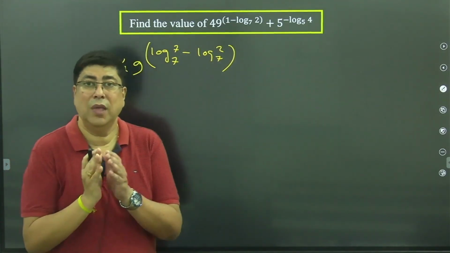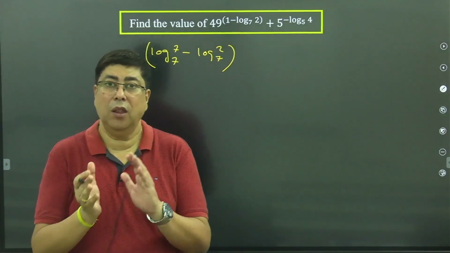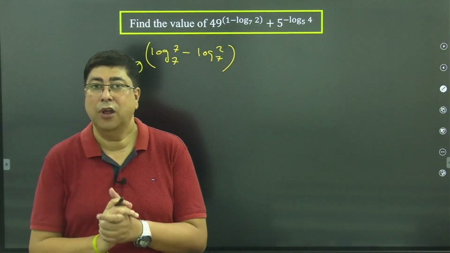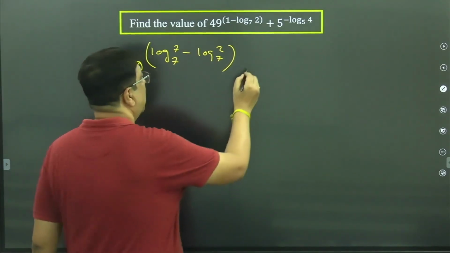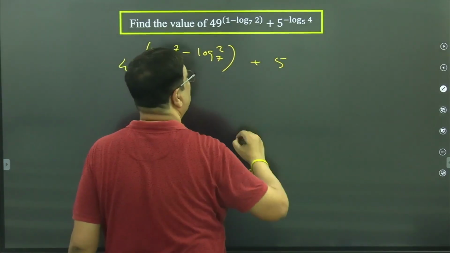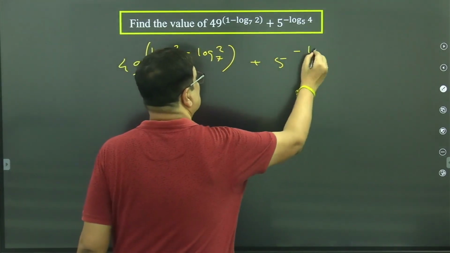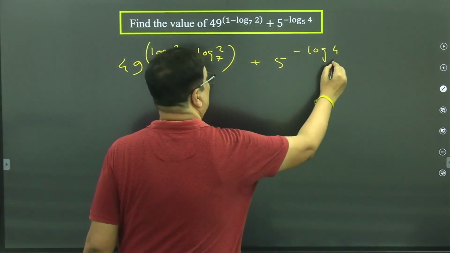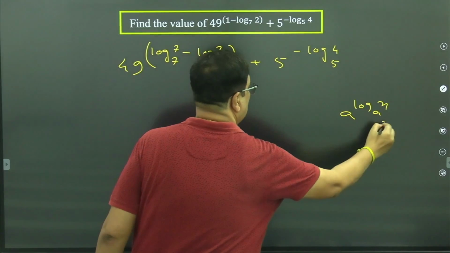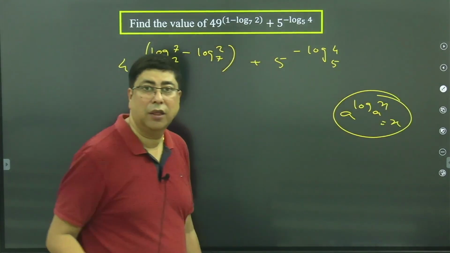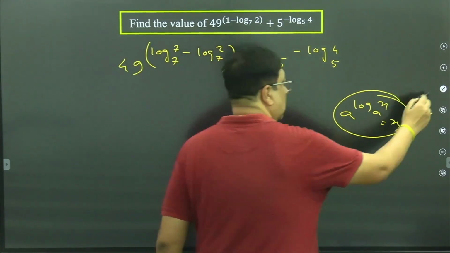Because I want to make it log m minus log n, which is log m by n. That formula. And here plus 5 to the power minus log, actually the target will be a to the power log x equal to x. This will be our target, everybody.